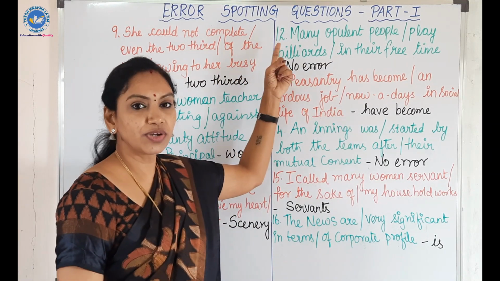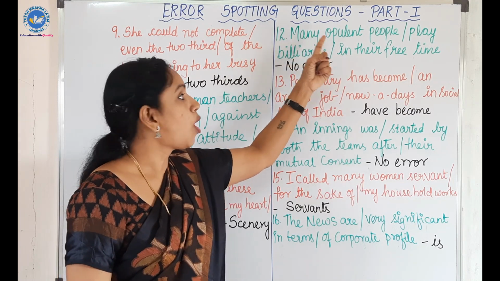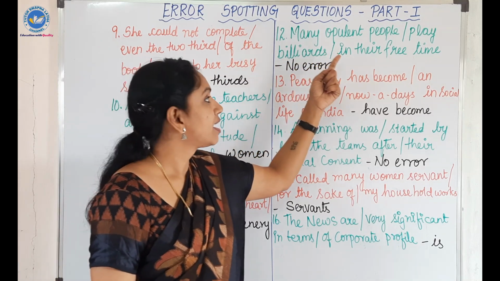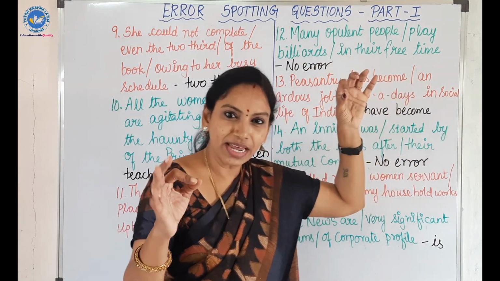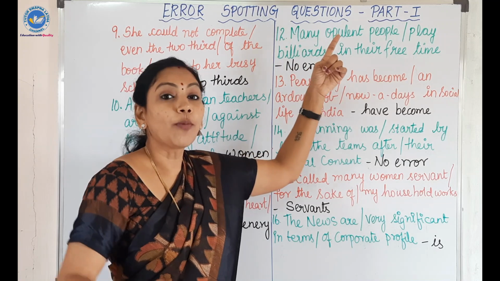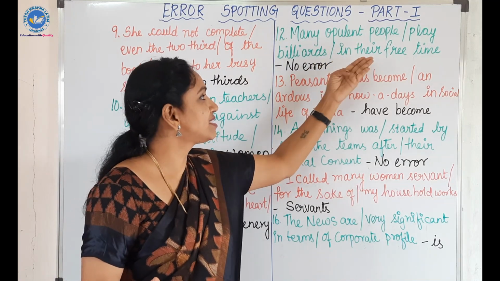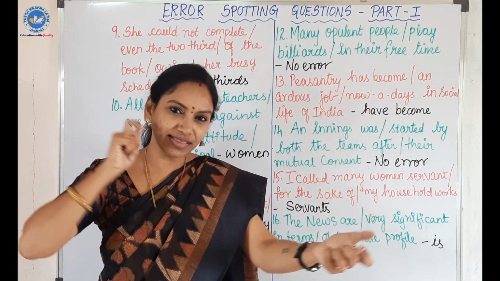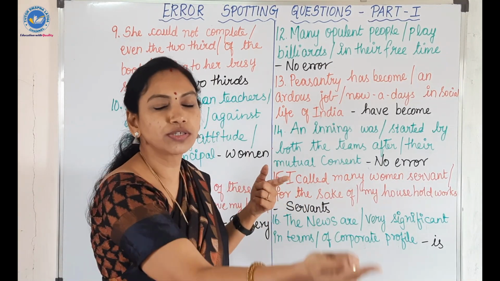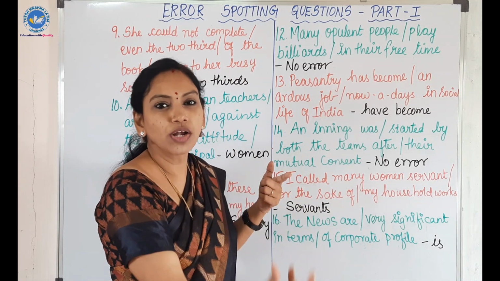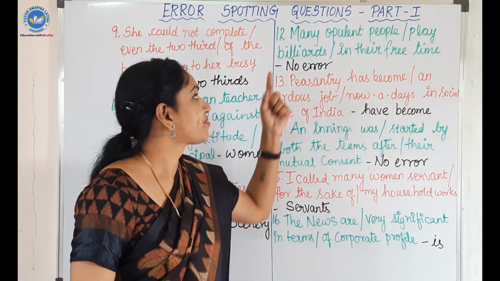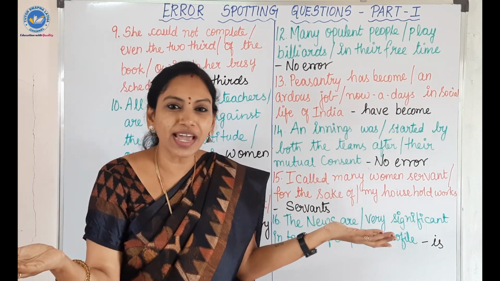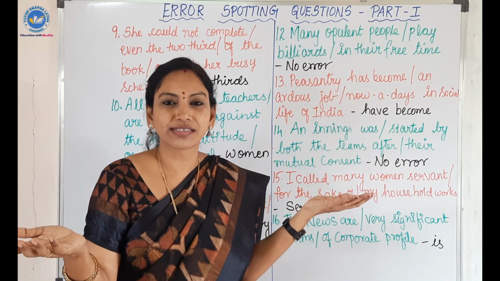Now 12th question. Many opulent people play billiards in their free time. Let me tell you the meaning. Billiards itself you should understand. Who will play that billiards with a stick like thing? They will hit the ball and that ball goes and falls into the small hole. That is billiards actually. So who will play that? Common people like us, we don't have time to play all those things, isn't it?